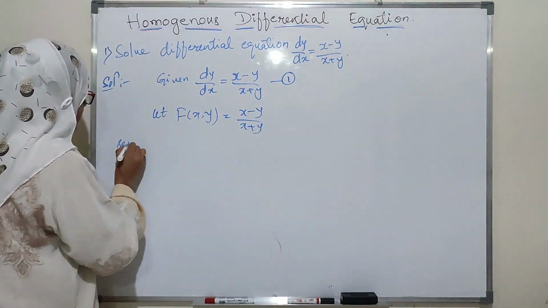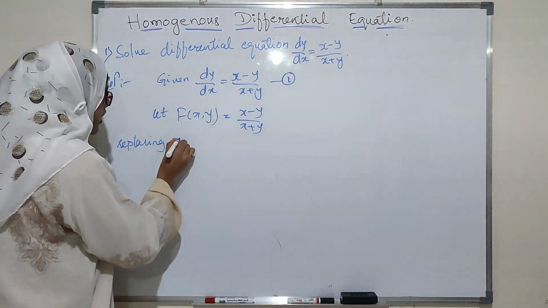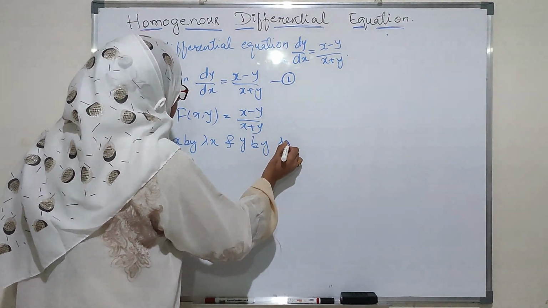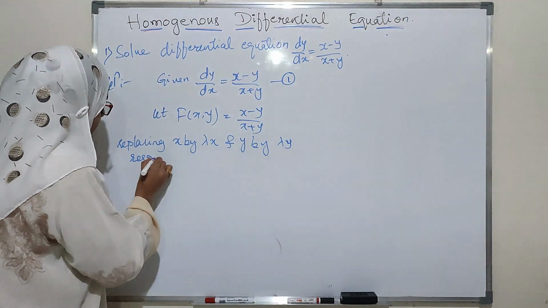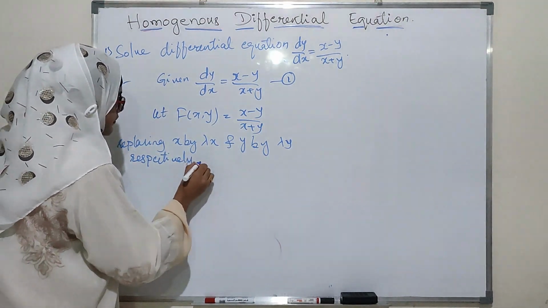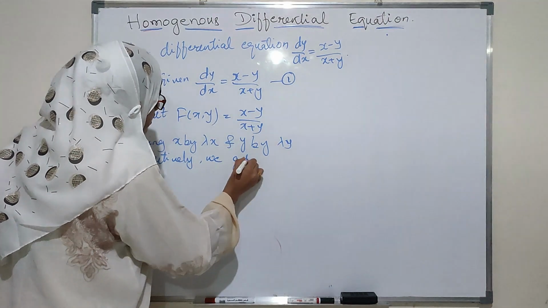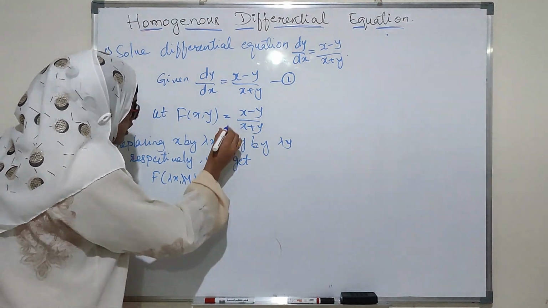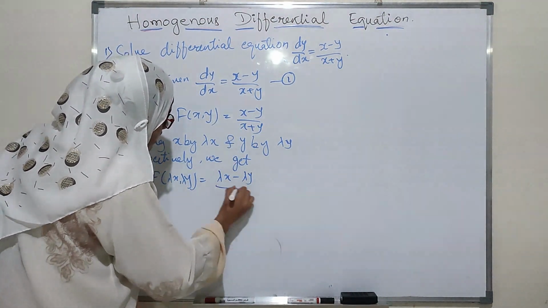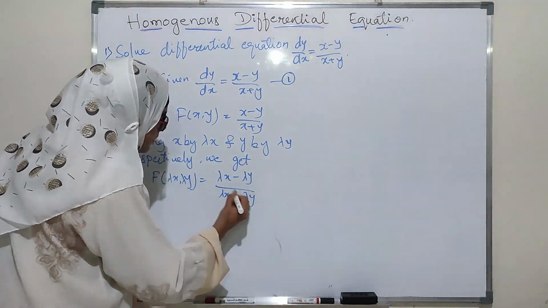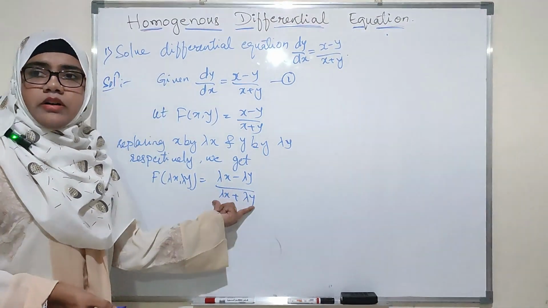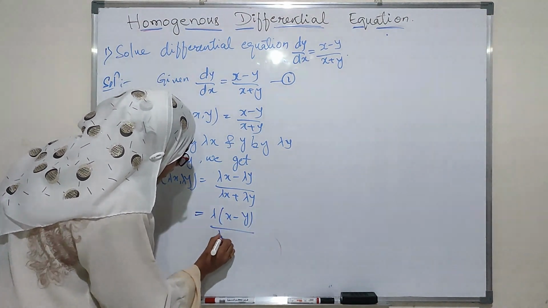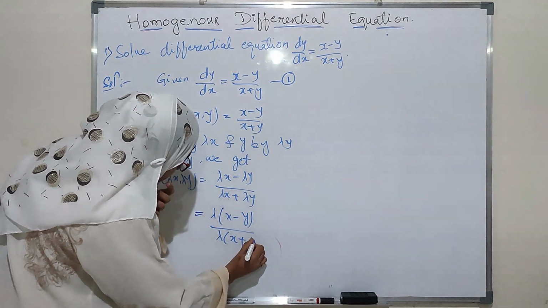Now replacing x by lambda x and y by lambda y respectively, we get f of lambda x comma lambda y is equal to lambda x minus lambda y divided by lambda x plus lambda y. Lambda is common in the numerator and the denominator, so we can take lambda common: lambda of x minus y divided by x plus y.